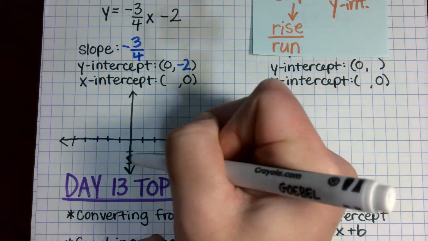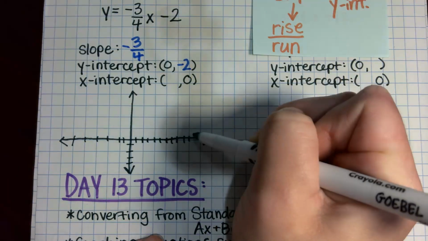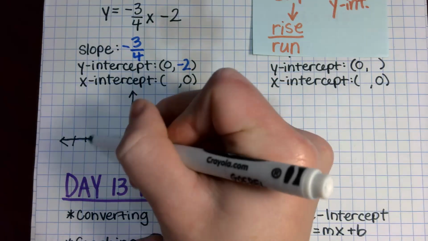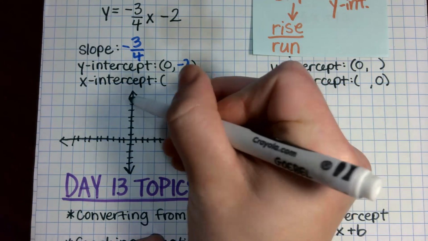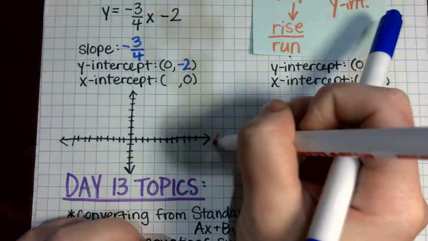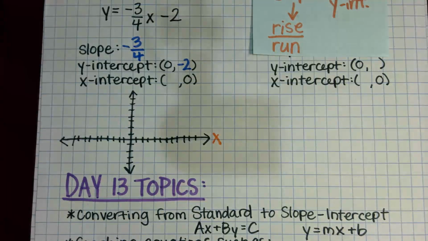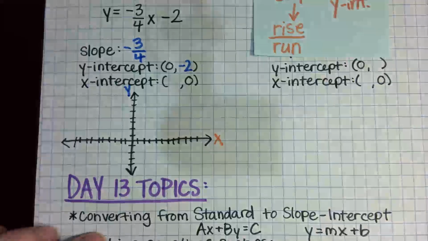I might have to double up my tick marks like this. Okay, so first thing I like to do is label my x-axis and my y-axis. So I'm going to do that by writing an x next to the x-axis and a y beside the y-axis.